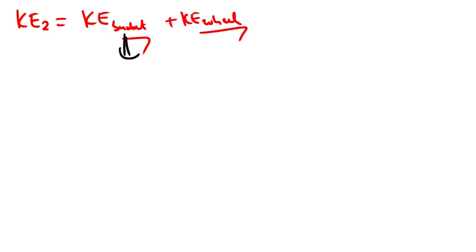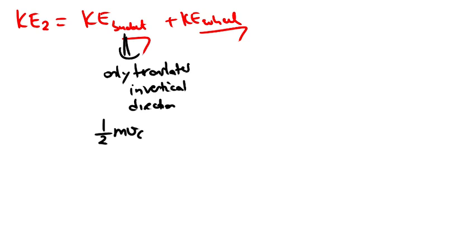The bucket only translates, in the vertical direction, so it will have 1/2 m v_G squared. For the wheel, we take the wheel here.